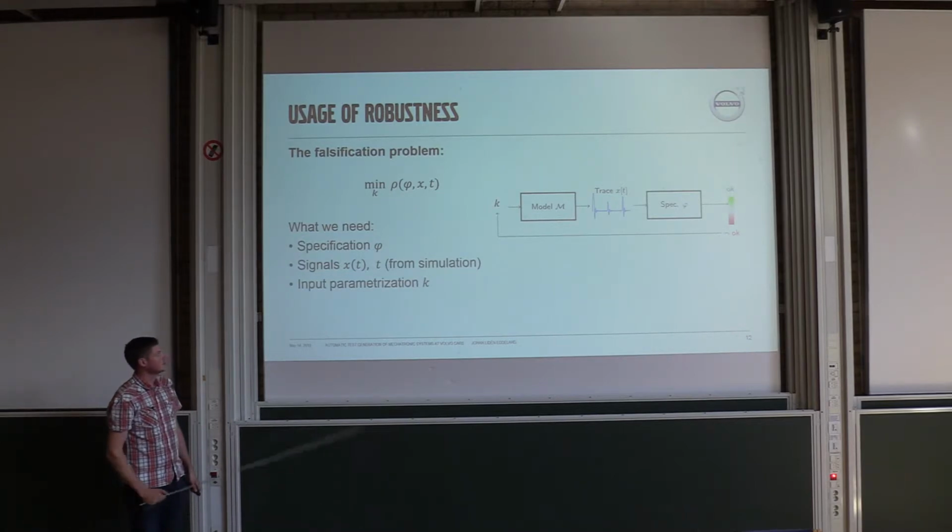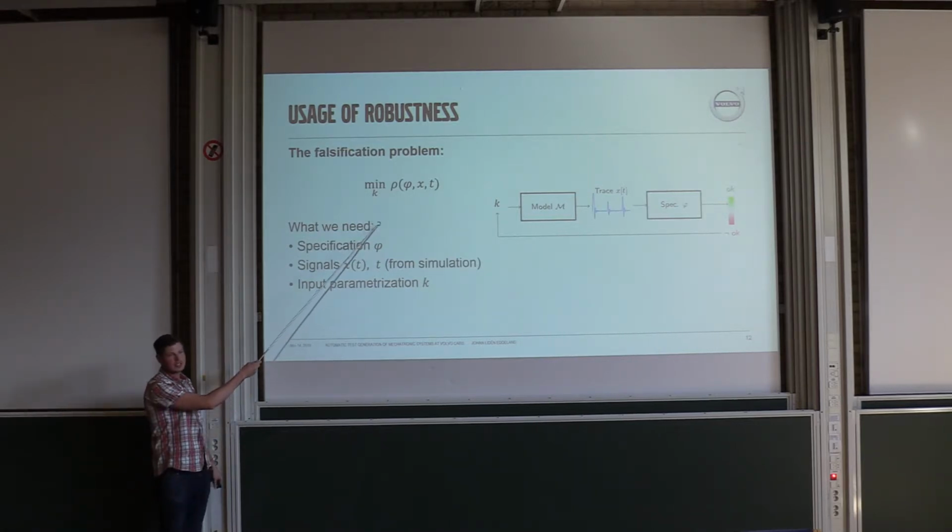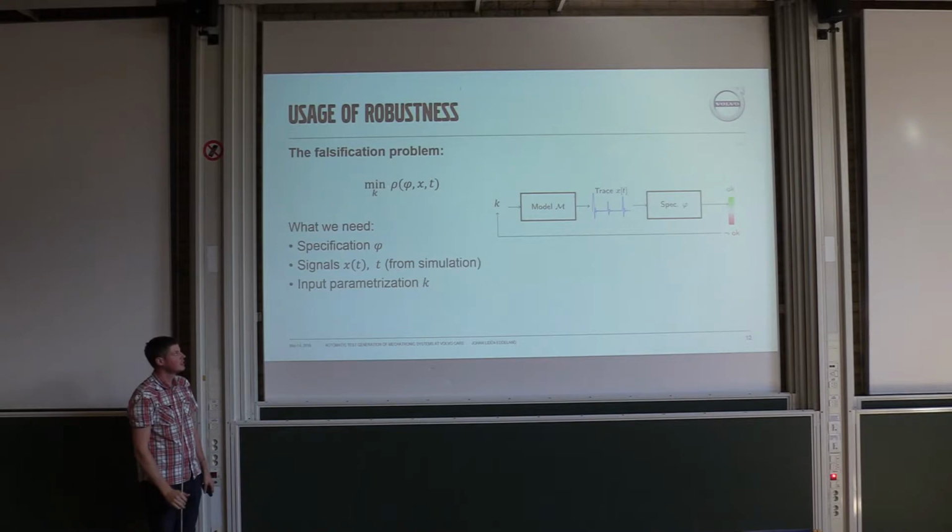What we need is the specification stated in signal temporal logic, and we need these signals and the time, which you will have access to if you just run a simulation, for example in Simulink. But we also need something to minimize over. What do we change from each iteration to the next in this optimization problem? We'll change the input parameters k. We have some input parameterization k, which I will come to in just a few slides.